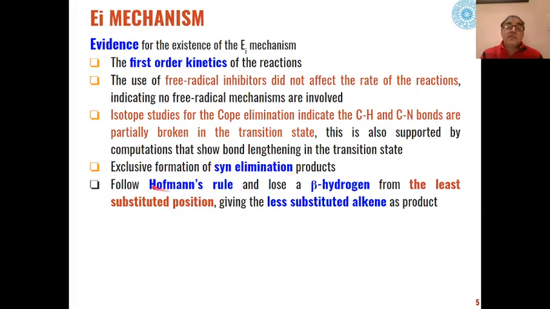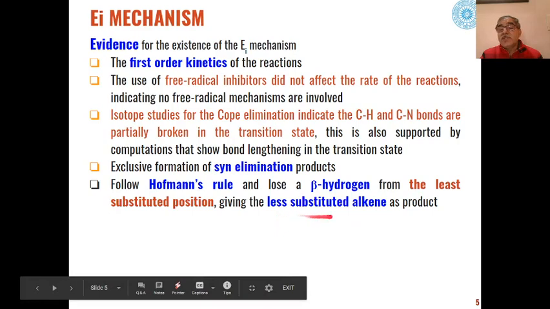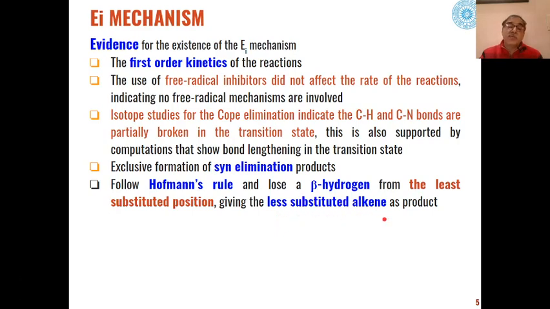And then these pyrolytic eliminations follow Hofmann rule. That is, the loss of beta hydrogen takes place from the least substituted position, and the least substituted alkene is formed as the product.